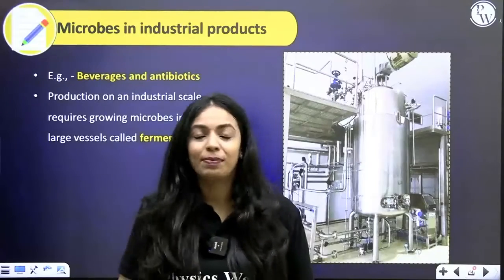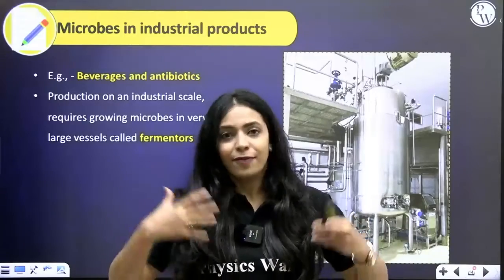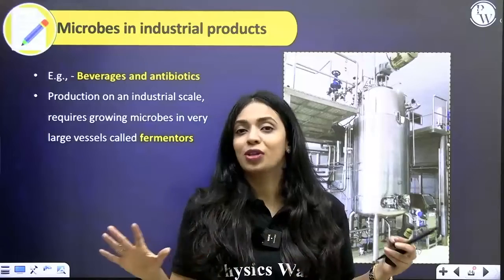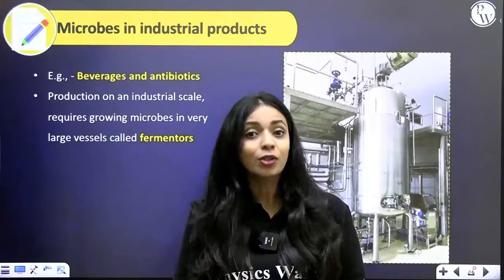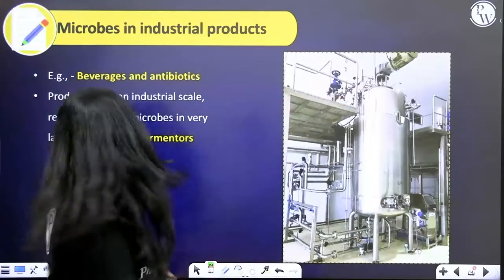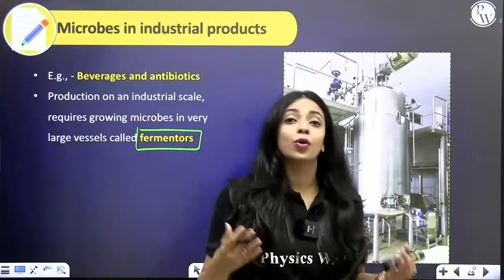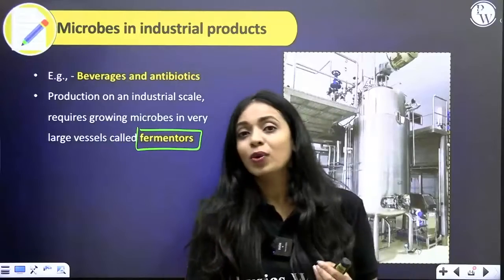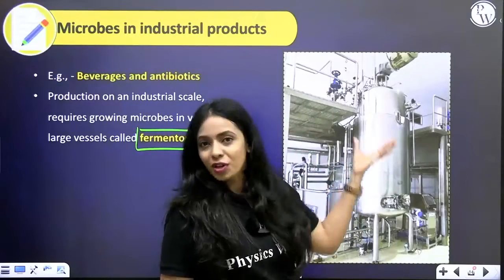So alcoholic beverages, and the production of antibiotics on a large scale. If you have to obtain a lot of product, then you have to grow these microbes on an extremely large scale, and you have to grow them in controlled conditions. In order to achieve that, you have huge vessels which we call fermenters. Within these fermenters, you will grow your desired microbes, and you will have the provision of controlling what temperature you want and what kind of nutrient media you add.